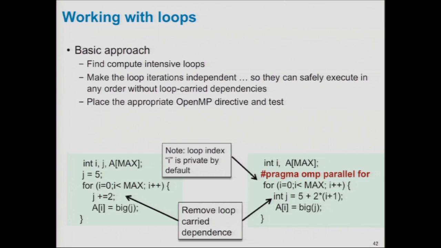As we said, the loop control variable is automatically made private, so you don't have to worry about that. And then here, you see we had computation on J and seemed to have a dependence across iterations for J. But we can change how we compute J, and now we've removed this loop carried dependence, and now we can safely parallelize it.